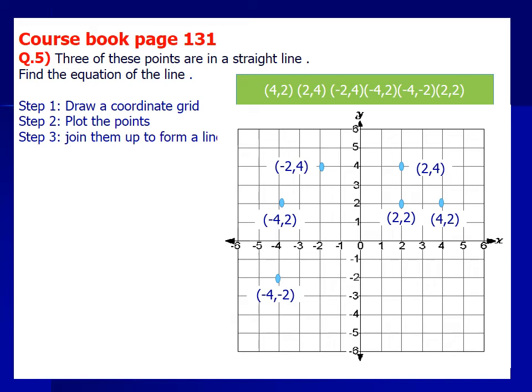What do you notice? We have 3 points in a straight line. Yes, 4, 2, 2, 2, minus 4, 2. We join them up to form a line. After we find the line, we have to find the equation of this line. How we will find the equation for this line?